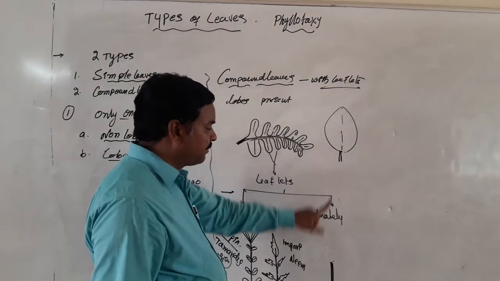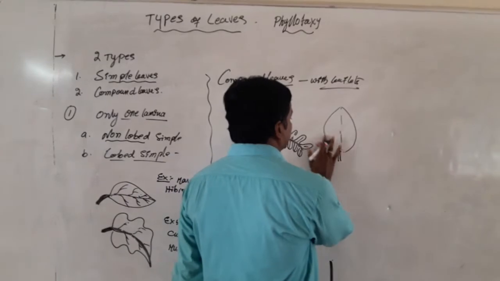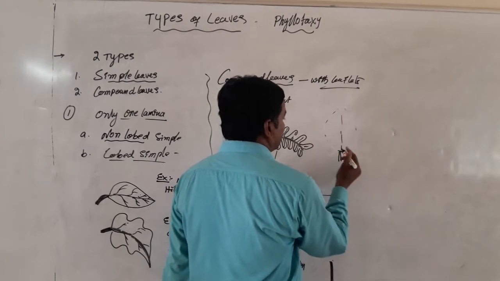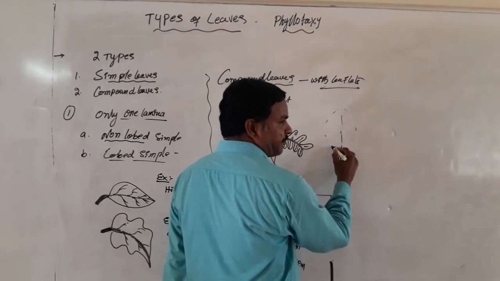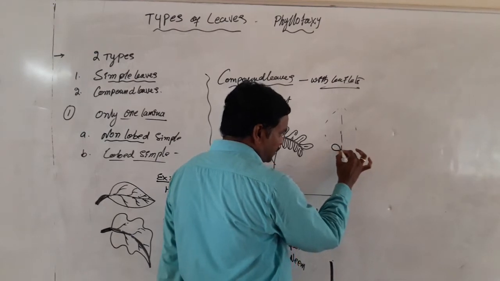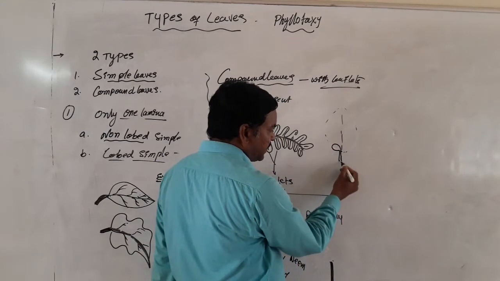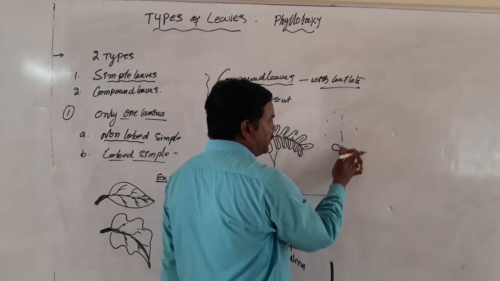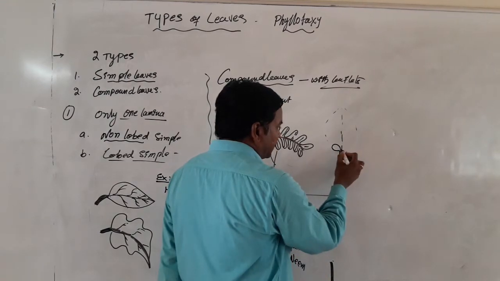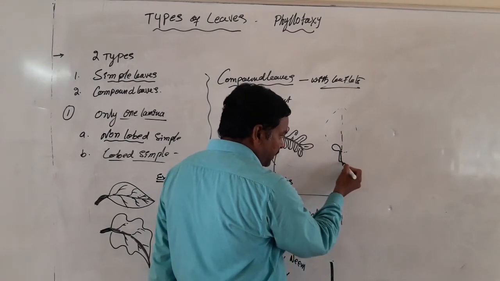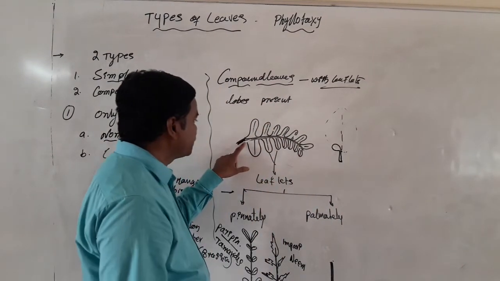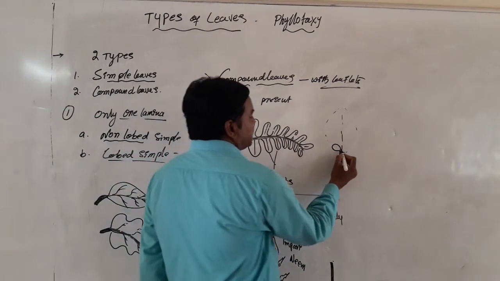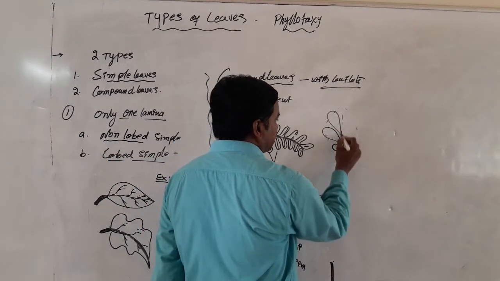But in this type of palmate leaf, for example, this is one incision, this is another incision. These incisions touch the petiole quickly. They don't touch the midrib; they directly touch the petiole. This is another one, this is another one.